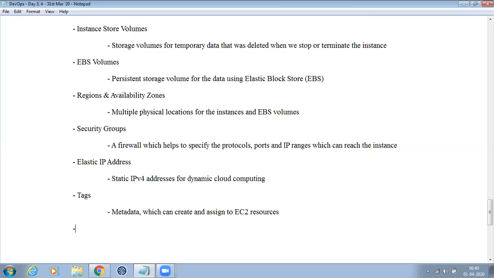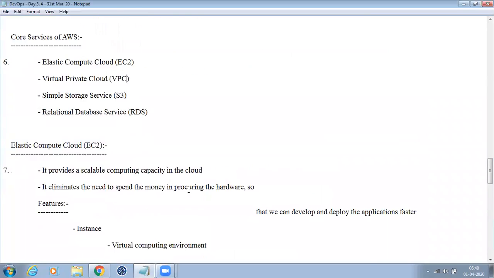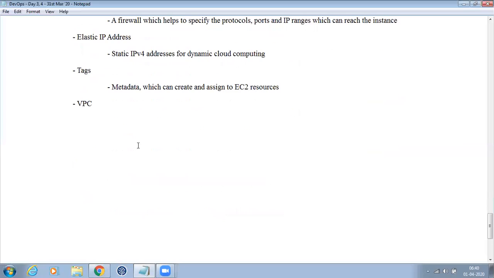Okay. Next, we have VPCs. What is VPC? This we already gave here, right? Virtual private cloud. This is also one of the features. So we can say it's a virtual network, or networks, whatever it might be. I'm talking in simple English.